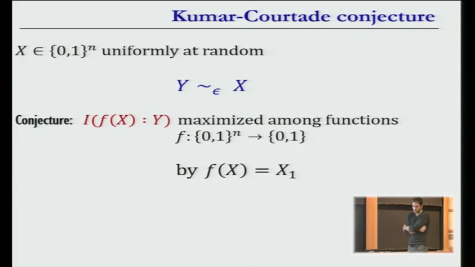Can this work for the solid cube, for this kind of noise operator? Yes. You may be able to discretize it not to the discrete cube, but to a discrete grid with more points, and that will also work.